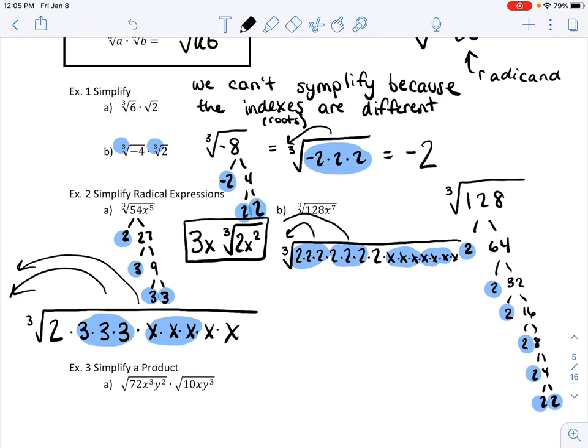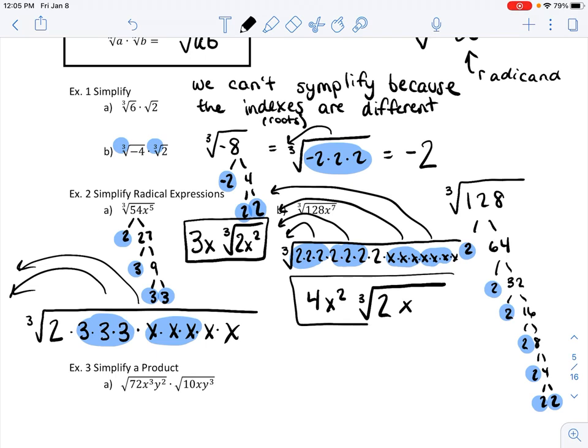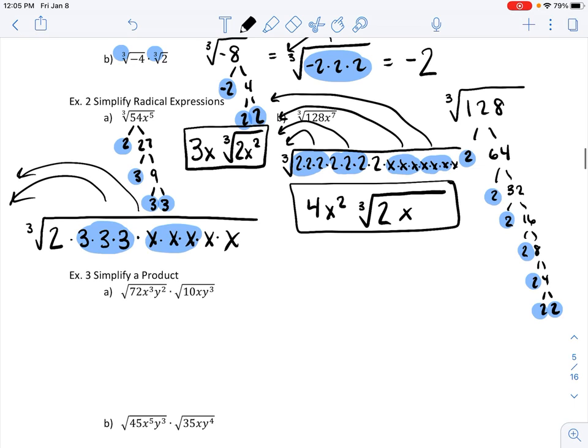So then I pull out what is in a group, and what is not in a group stays under. So I have 2 times 2 is 4. X squared, because we have x times x from the other groups, cubed root of 2x remaining. And we're done. So that is to review for step 3, simplify a product.